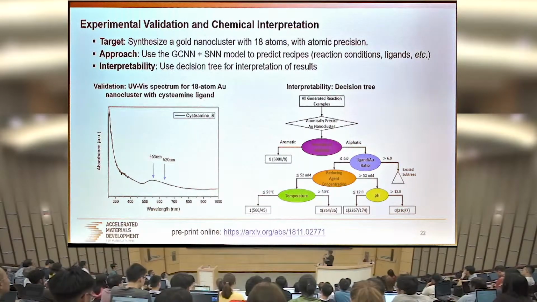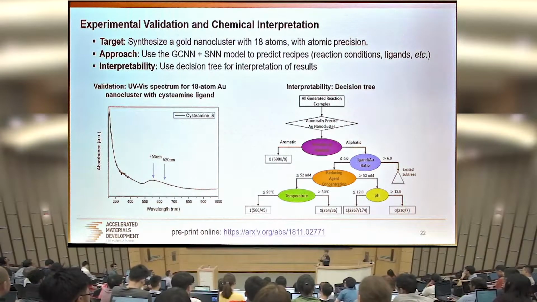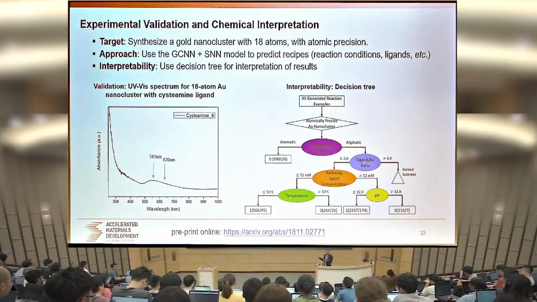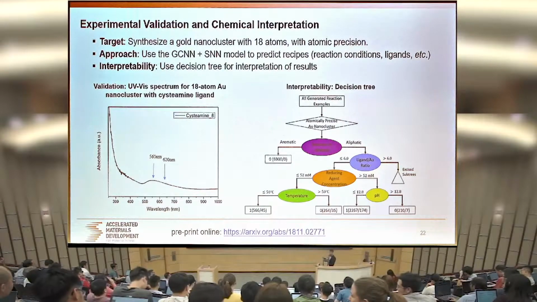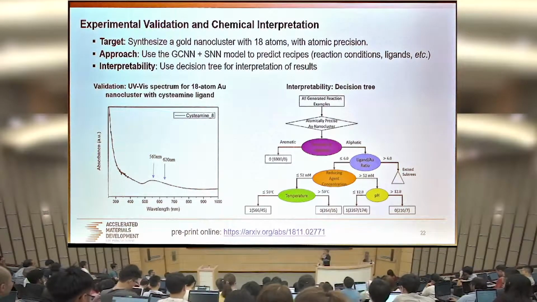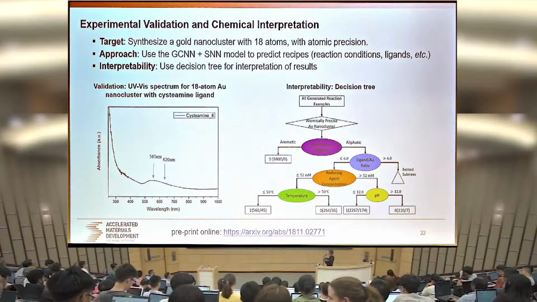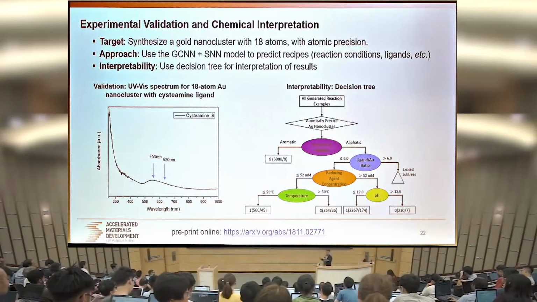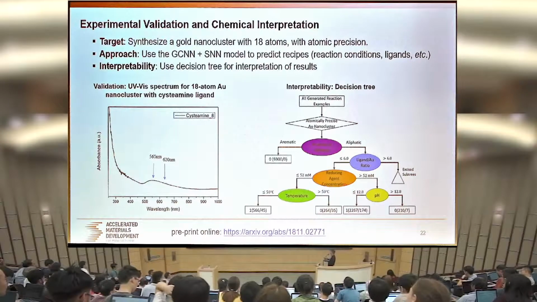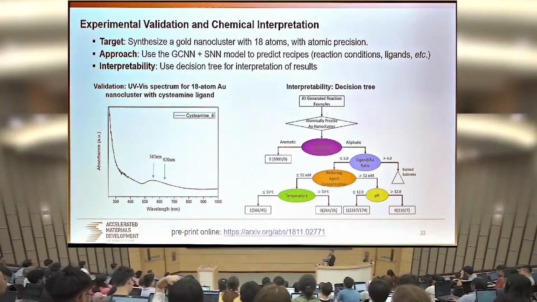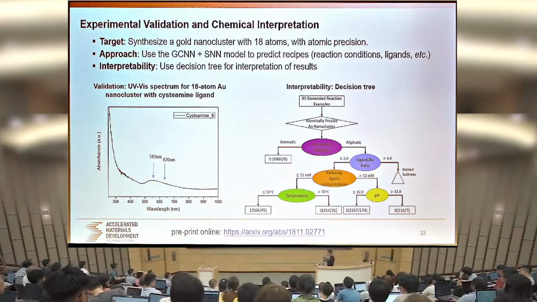The decision tree was done for the gold 25 nanoclusters. It shows that the ligand to gold ratio is a quite important factor here. And this quite matches the understanding from the community that if we want to synthesize a small gold nanocluster, like the gold 25 nanoclusters, it is quite important to have the ligand to gold ratio lower than a certain number. You can see that reducing agent concentration, temperature and pH are also marked as very important factors inside these complex reaction systems.